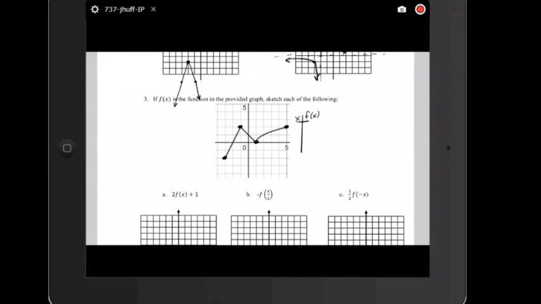Like those 4 points. So we have -3, -2. Looks like we have -1, 2. Here we have the point 1, 0. And here we have the point 5, 2.